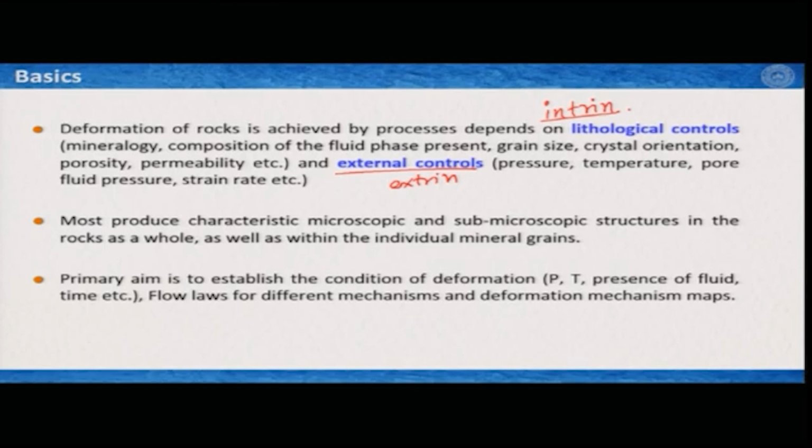Now while these parameters are controlling the deformation processes, and while the deformation does happen under different controls, it produces characteristic microstructures and submicroscopic features. What I mean by that is a brittle rock, or a rock that has undergone brittle deformation, would have a very typical microstructure compared to that of a rock that has undergone ductile deformation.